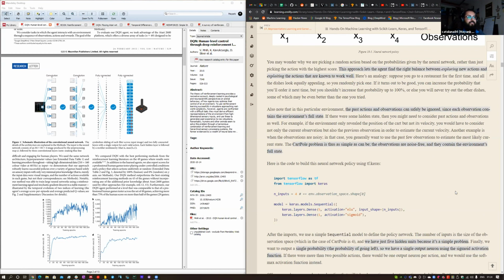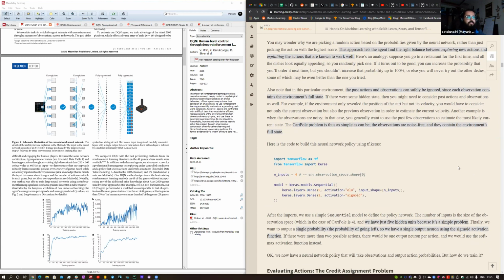And then in this particular environment, the past actions and the observations can be safely ignored, since each observation contains the environment's full state. So they have talked about the CartPole v2, in which the past actions and observations can be ignored, since each observation contains the environment's full state.